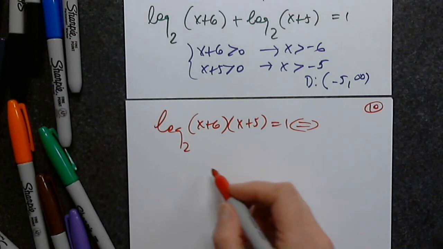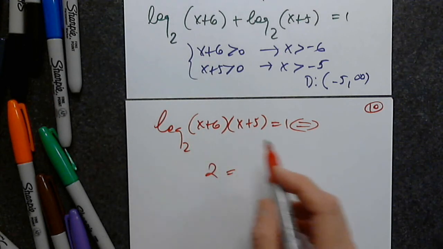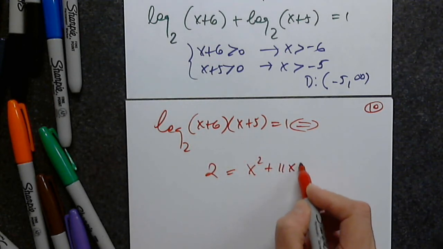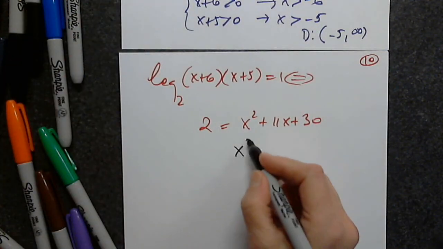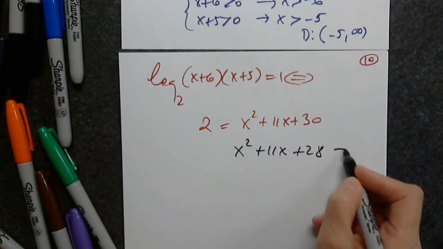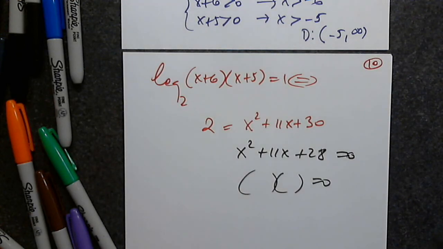Raise to the power, equals all this. I'm going to multiply it: x squared plus 11x plus 30. You don't have to multiply it in one step, but I just wanted to save some time. And of course, it's what type of equation? Indeed, very good. So this is x squared plus 11x plus 28 equals 0. I'm hoping that this can be easily factored so I don't have to use the quadratic formula.